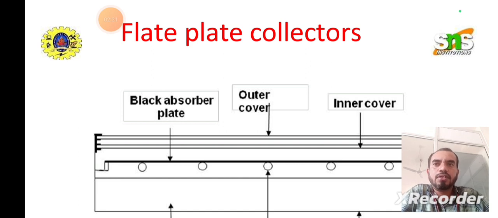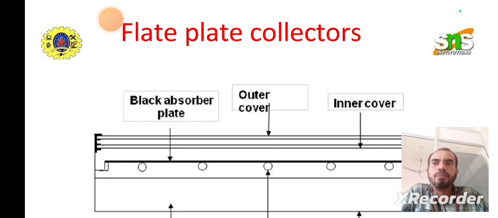Based on the collecting characteristics, a non-concentrating or flat plate collector is one whose absorbing surface for solar radiation is essentially flat, with no means for concentrating the incoming solar radiation.